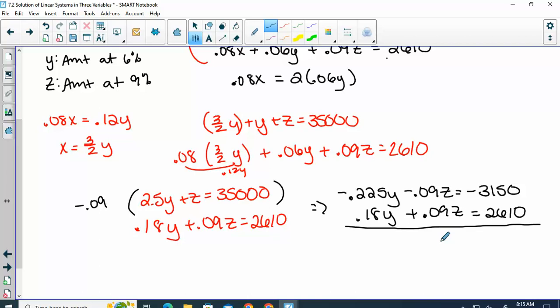Is everybody with me so far? So now if we add our x's together.